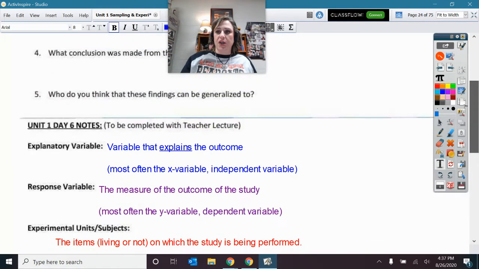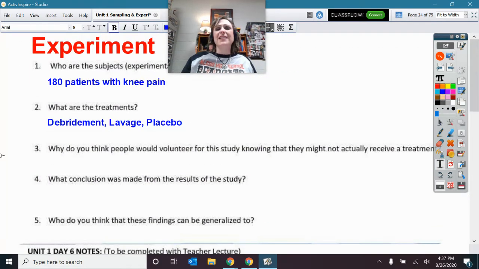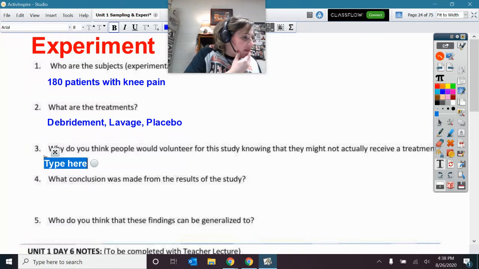Now let's go on up here and see if we can't answer the rest of these questions. Why do you think people would volunteer for this? That's interesting, knowing that they might not actually receive the treatment. I don't even know if it addressed it here, but it did talk about they had a really strong ethical review board that talked about how to do this in a stringent consent process.